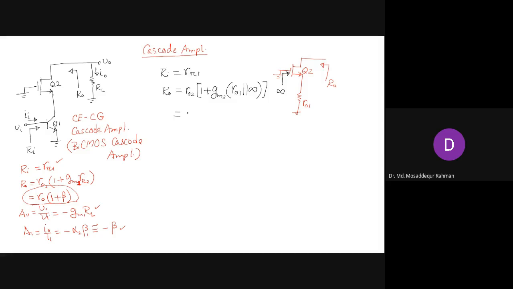And then what will it simplify to? R naught 1 in parallel with this infinite resistance. Sir, r naught 1.